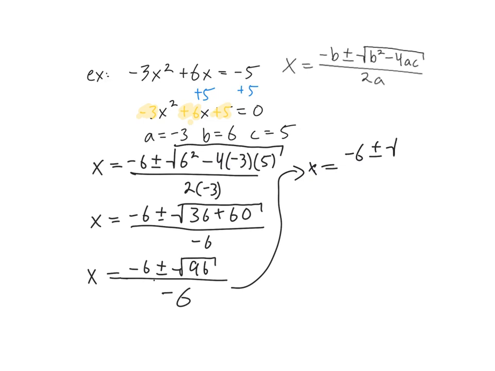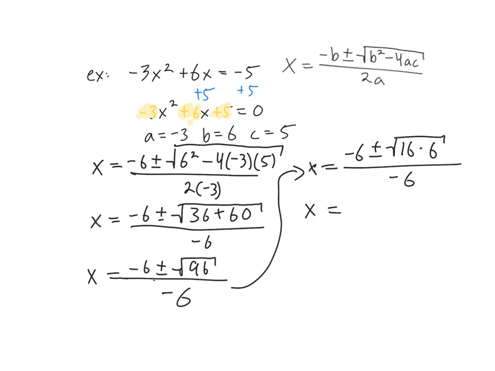Yeah, sure, 4 goes in. 4 goes into 96 24 times, so it'll be 4 times 24. 9 doesn't go into 96, but I can see that 16 goes into 96. 16 goes in 6 times. 6 times 16 equals 96, divided by negative 6.